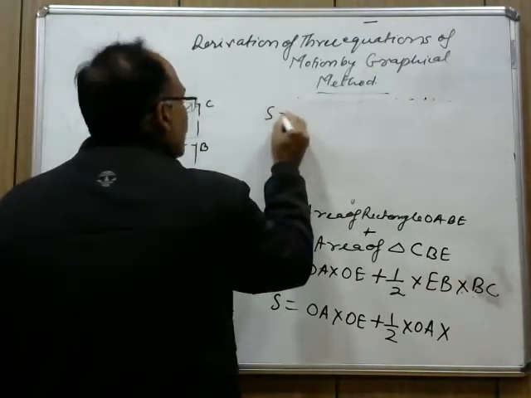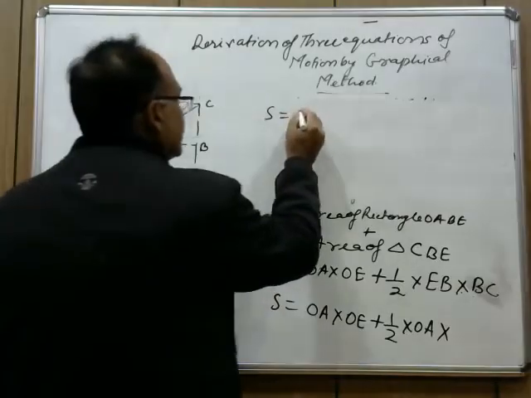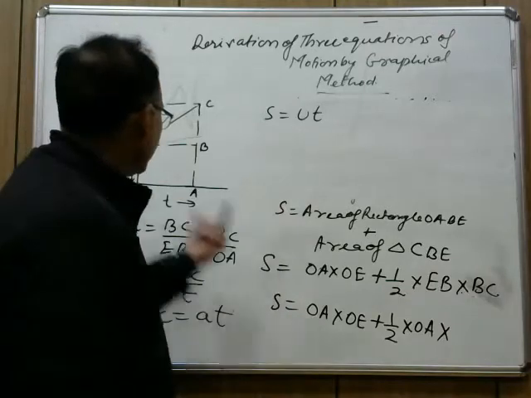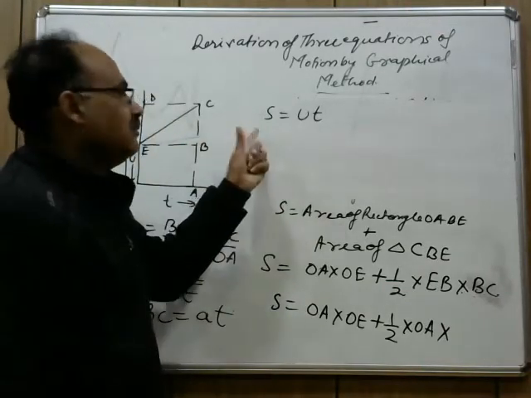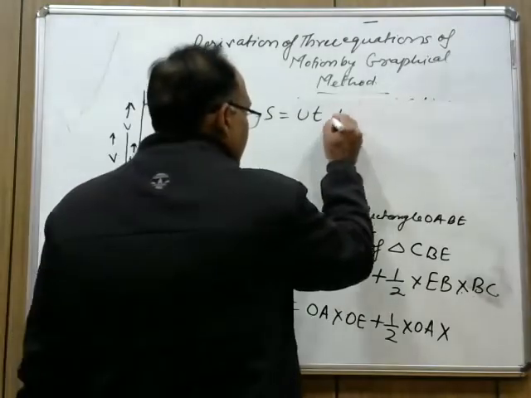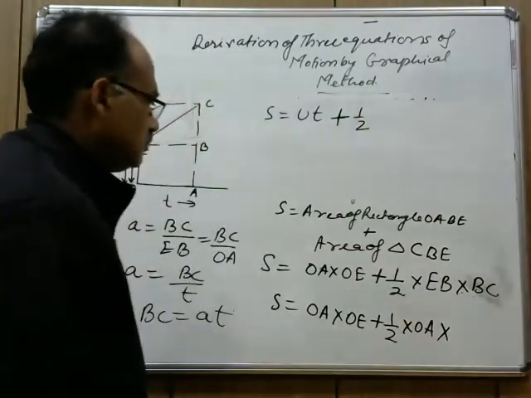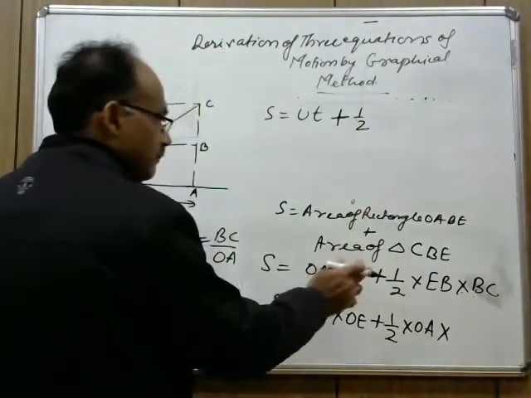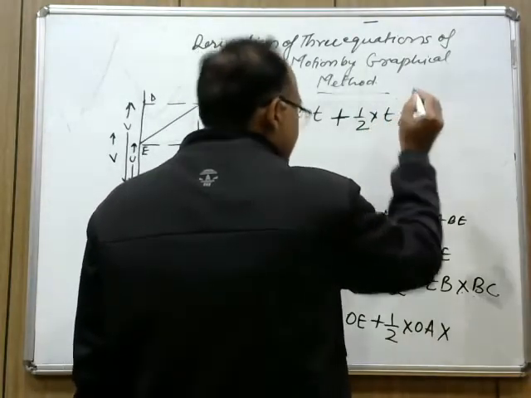S is equal to OA into OE. This is t into u, because OA is equal to t and OE is equal to u. So it is u into t, plus 1 by 2 into OA, which is t, into BC.